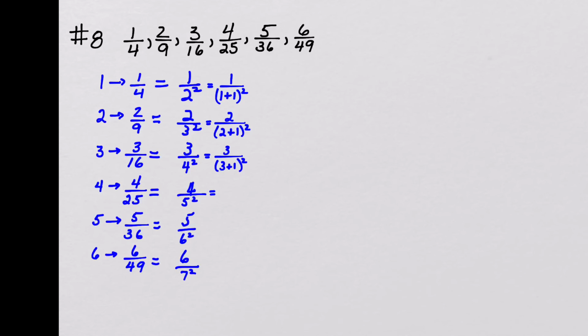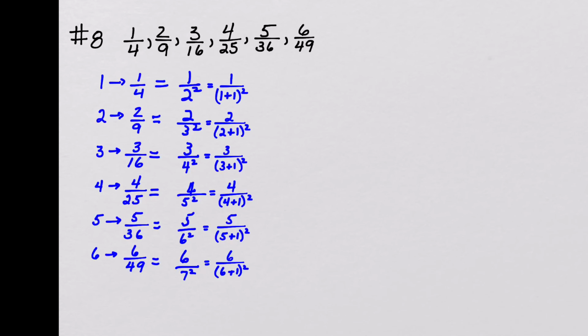And now I think you can see the pattern to this. And that's what we're looking for here, is what is the pattern? So yeah, 5 over 5 plus 1 squared, and 6 over 6 plus 1 squared.